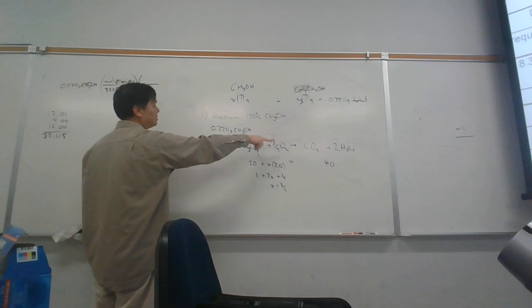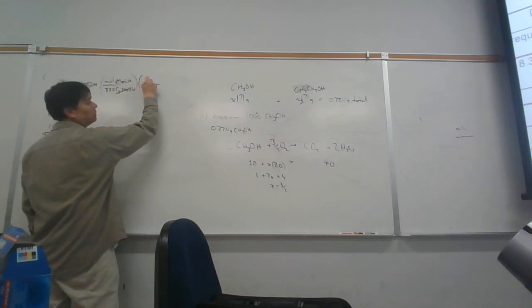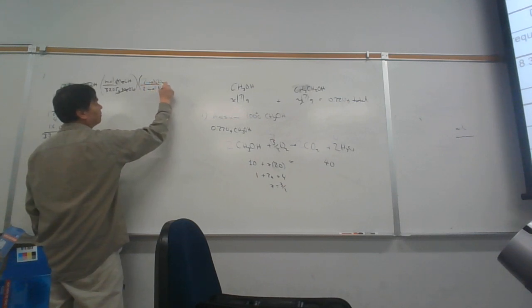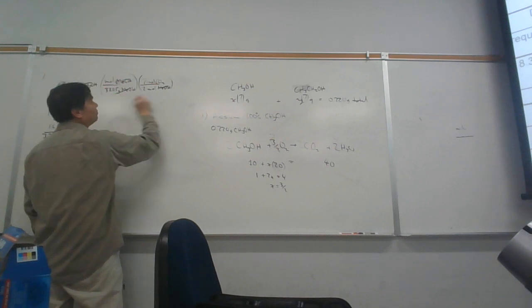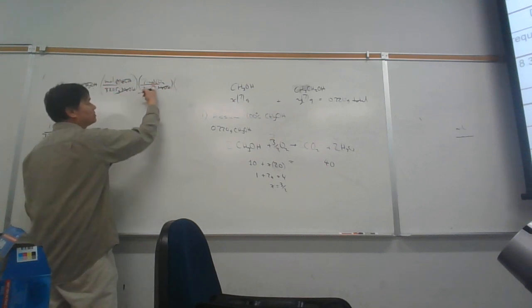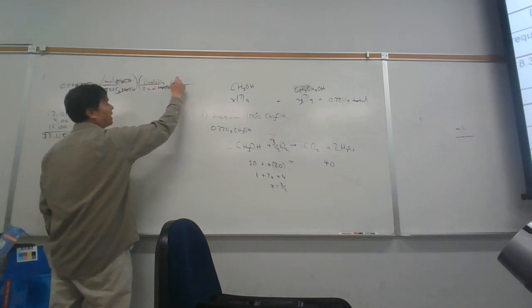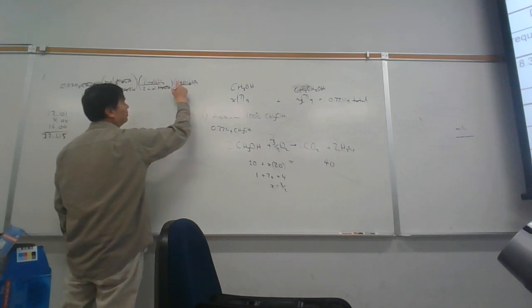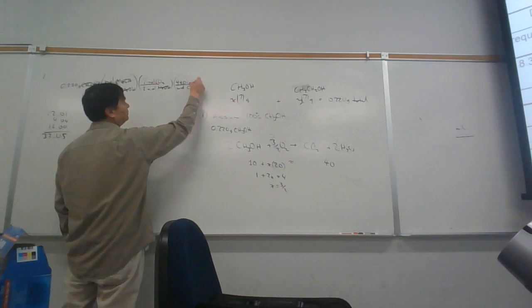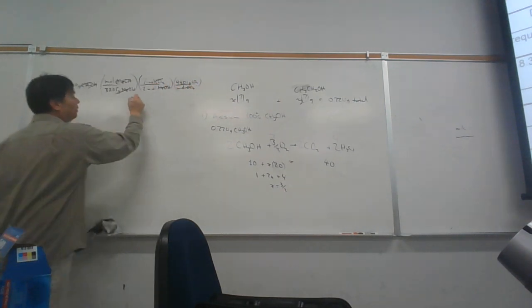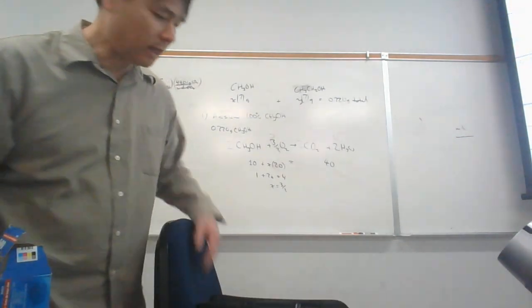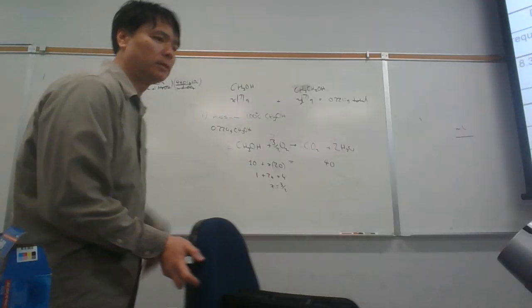Not oxygen, CO2. So there's 2 moles of CO2 for every 2 moles of methanol. Okay, then from moles of CO2 to grams. Well, there's 44.01 grams of CO2 per mole of CO2. Okay, now how many grams of CO2? If this mixture were pure methanol, how many grams of CO2 would that yield?